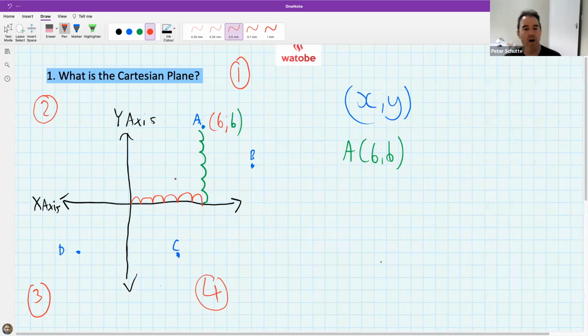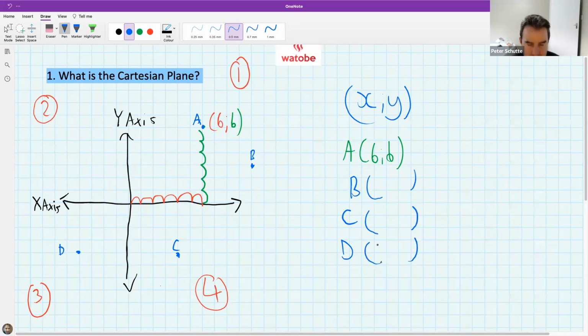Okay, now I want you to read off for me what are the coordinates for B, C, and D. So pop them in the chat, or you can use the audio function if you like, but you're going to have to look at the scale and identify what are the coordinates for B, for C, and D. Who feels like they know?